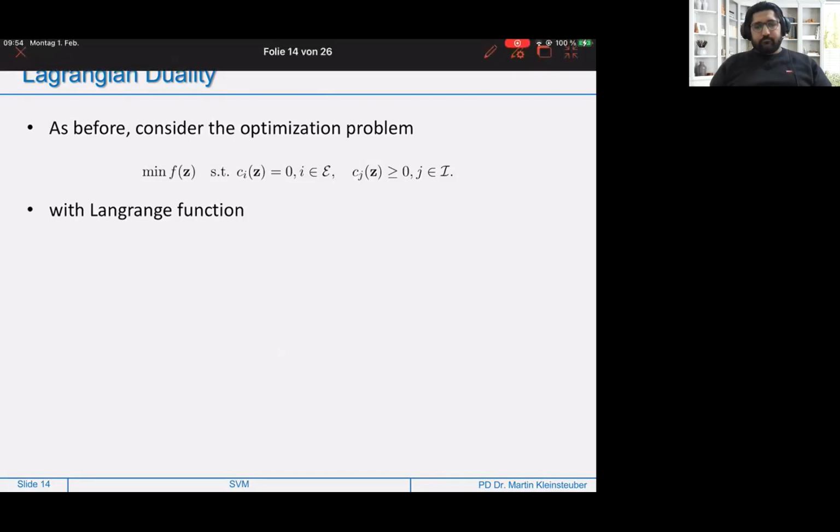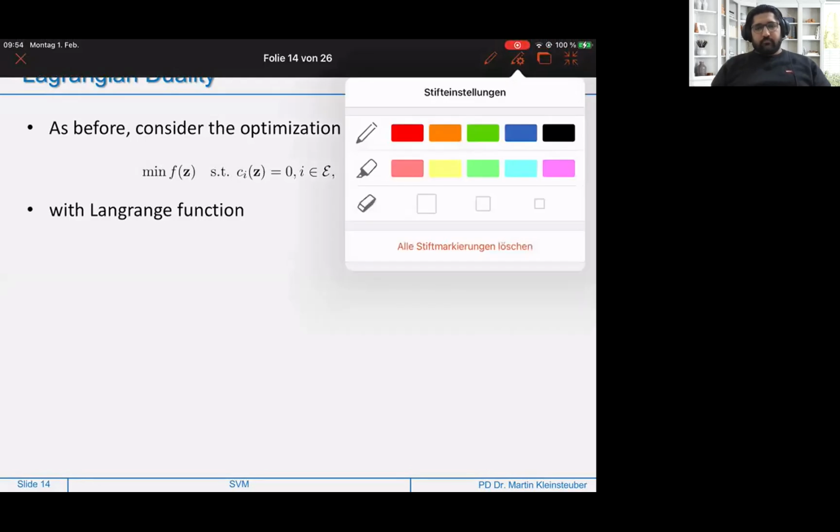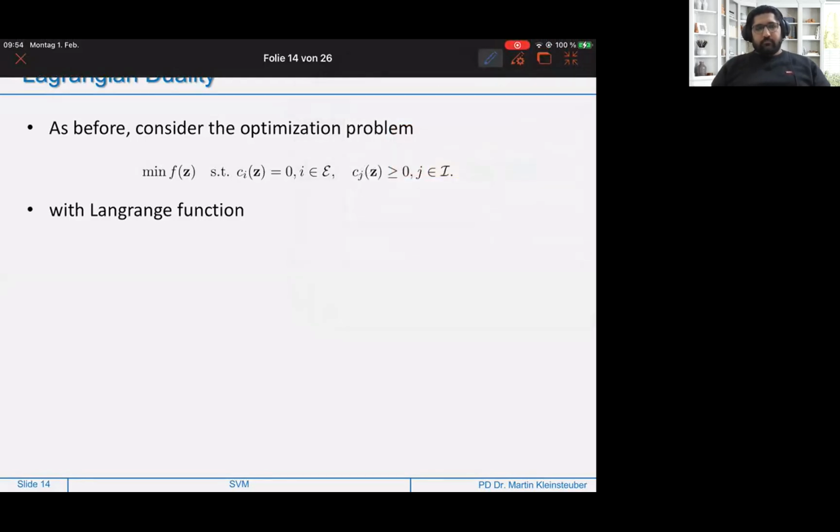So our Lagrange function L of z and lambda is this f of z, minus the sum over the inequality constraints of the Lagrange multipliers lambda i times c i of z.